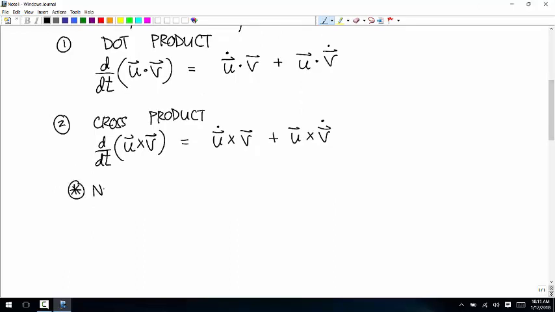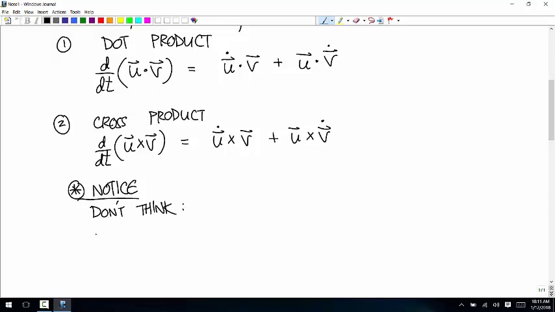The thing to notice here is that for cross product, the order matters. So don't think of it this way.